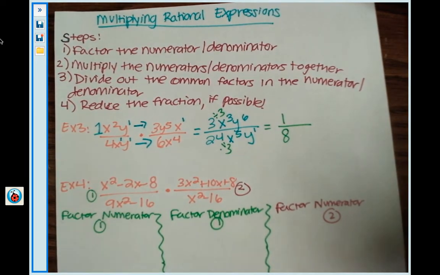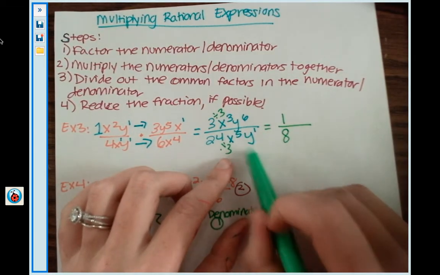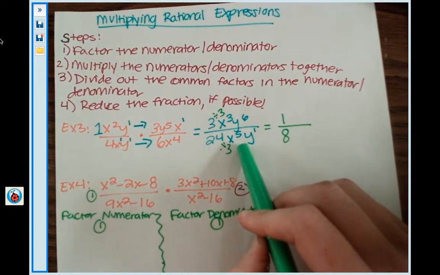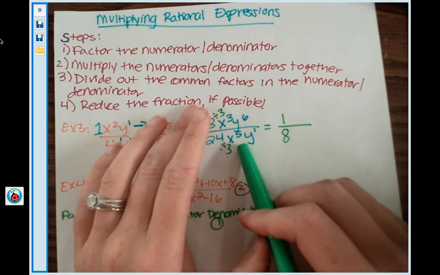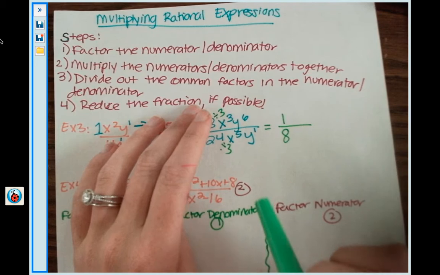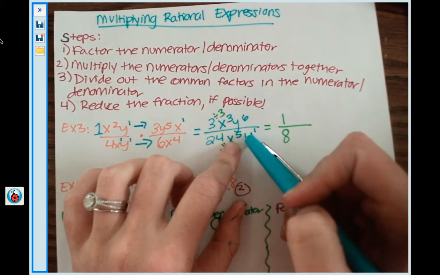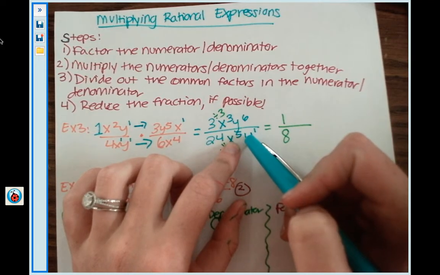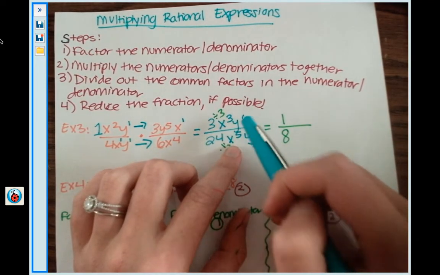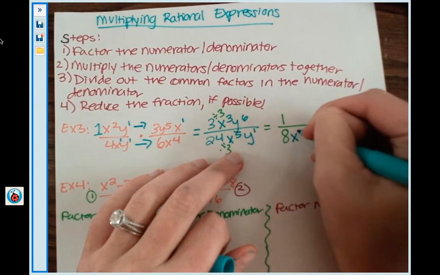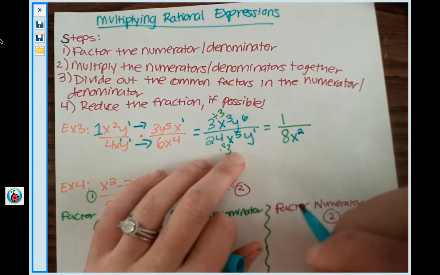Okay, you guys, so now when we have variables with exponents, we are going to subtract the exponents. But remember, if we get a negative exponent, to make it positive, it's going to go to the denominator. So let's see what happens. 3 minus 5 gives me x to the negative 2. But x to the negative 2 can't be negative in the numerator, so we are going to shift it to the denominator to make it positive.